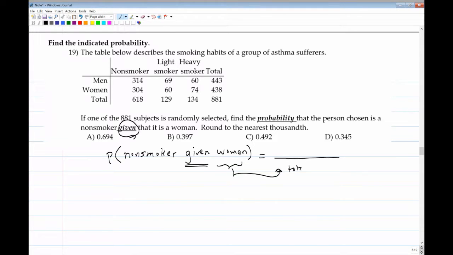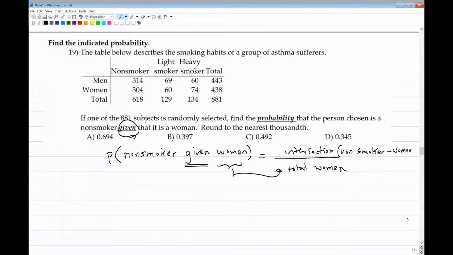So over here we're going to put woman, and in the numerator will be the intersection between the non-smoker and woman.